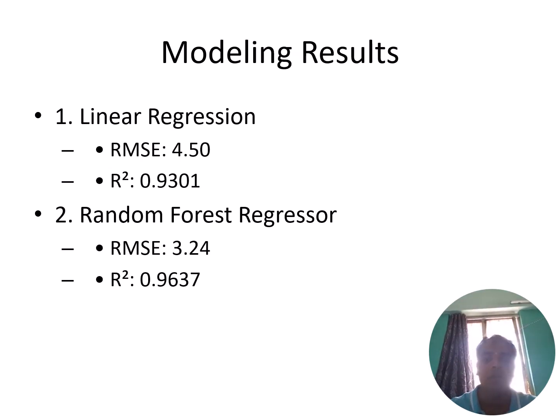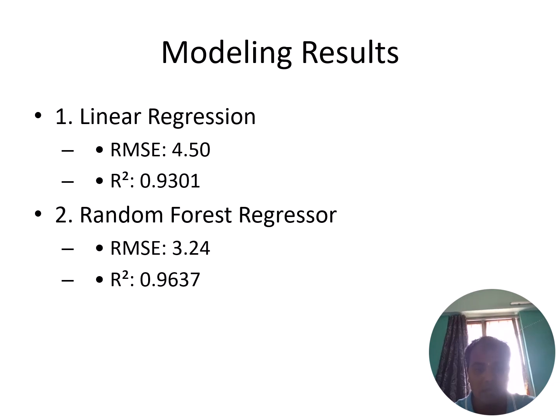So the AI/ML models which I have used for this particular assignment is that first I have tried to use a linear regression model, and then later on I have also used a random forest regressor. And the results of the linear regression model is that we get an RMSE, root mean squared error, of 4.5 and R square value of 0.9301, whereas while using the random forest regressor model, we find a root mean squared error of 3.24 and R square of 0.9637.